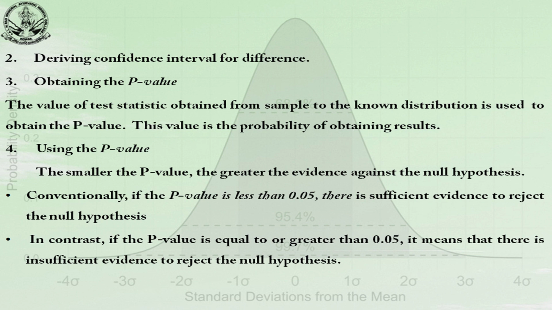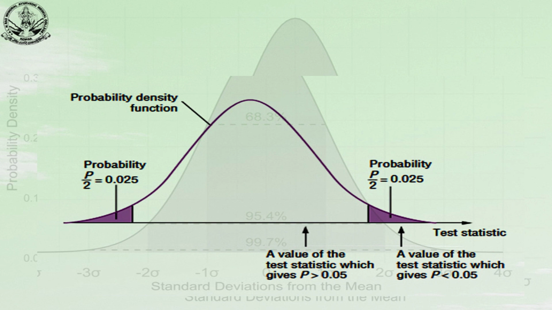The smaller the p-value, the greater the evidence against the null hypothesis. Just now we have seen that in the table also. Conventionally, if the p-value is less than 0.05, it means there is sufficient evidence to reject the null hypothesis. In contrast, if the p-value is equal to or greater than 0.05, it means there is insufficient evidence to reject the null hypothesis.